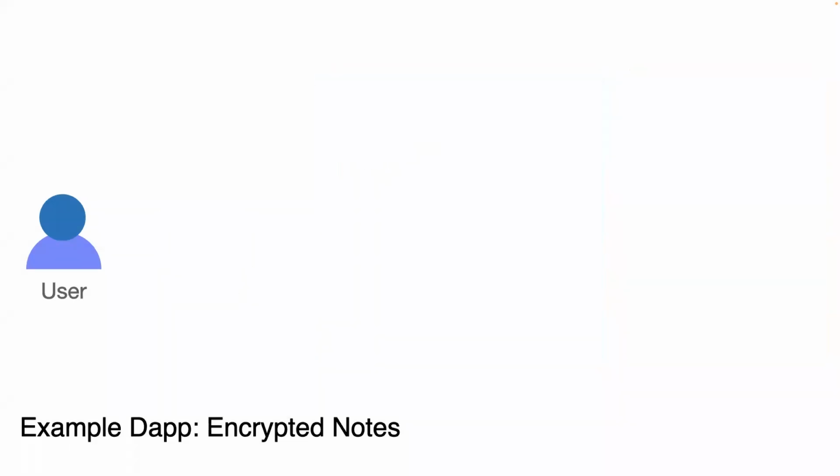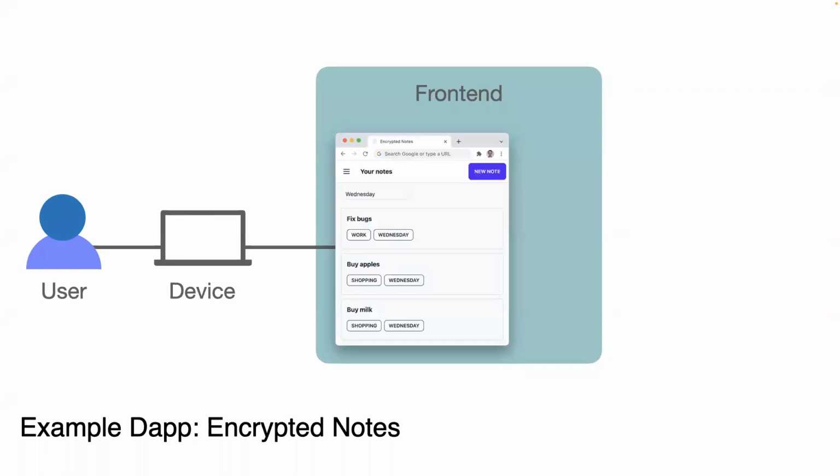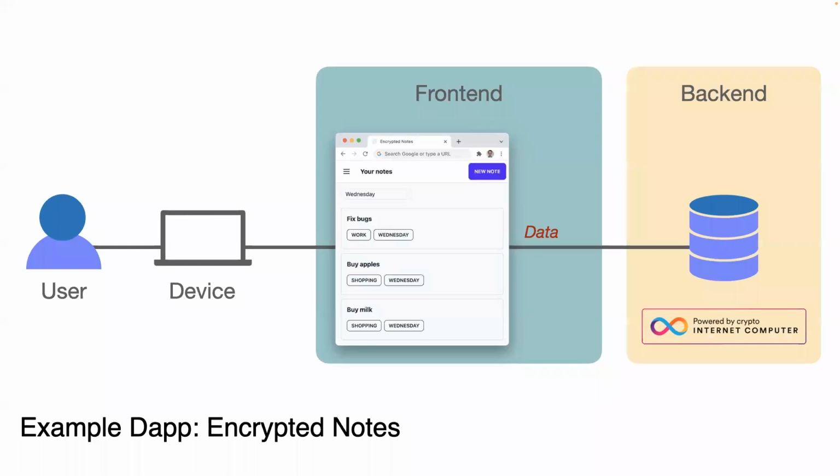Yes, indeed. The user, the device, and the front end that I wanted to show to you, and this depicts the canister smart contract that is working on top of the internet computer.